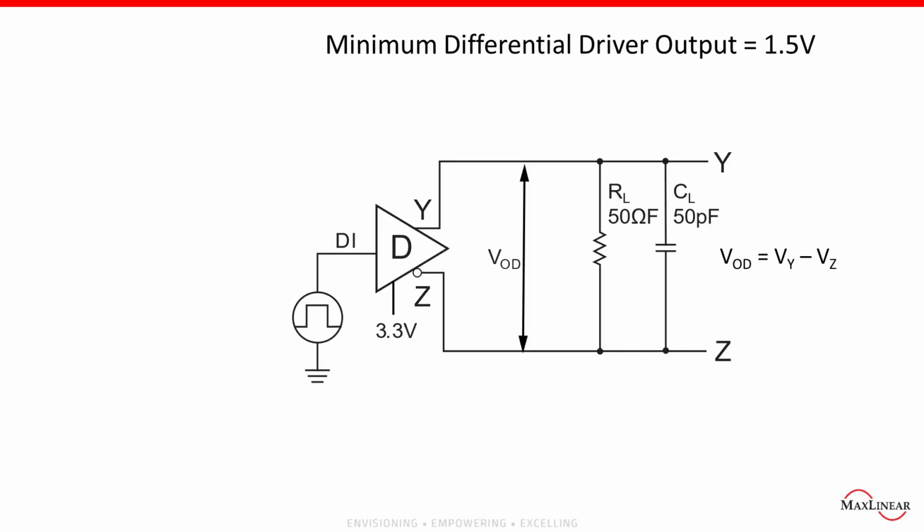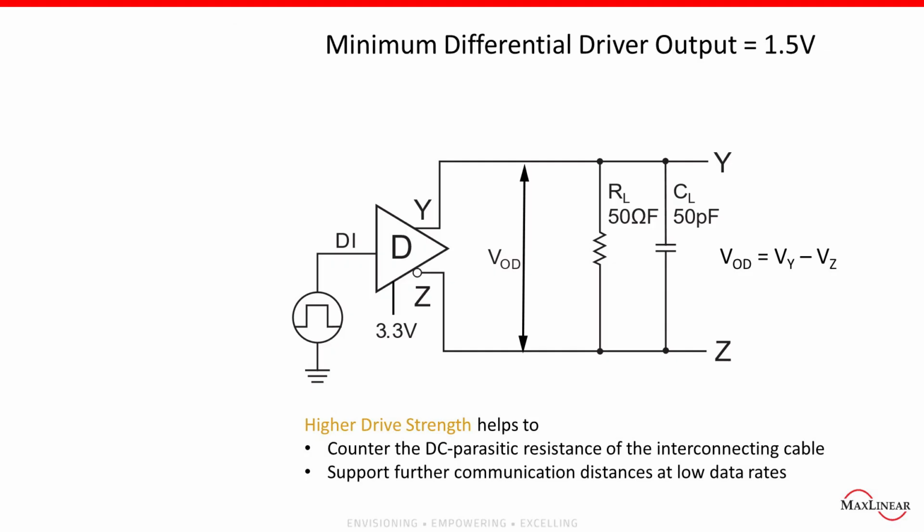Per the RS-485 standard, the minimum drive strength or VOD is 1.5 volts. To support a longer cable length, look for an RS-485 transceiver with a drive strength that exceeds the RS-485 standard. In general, a higher drive strength helps to counter the DC parasitic resistance of the interconnecting cable and to support further communication distance at a low data rate.